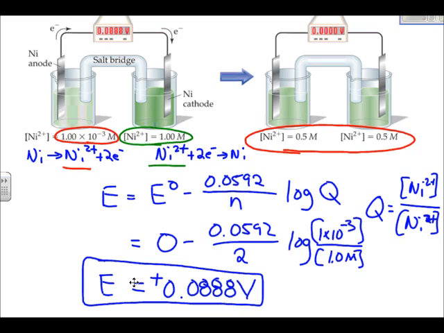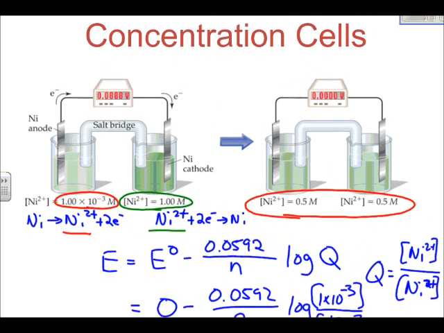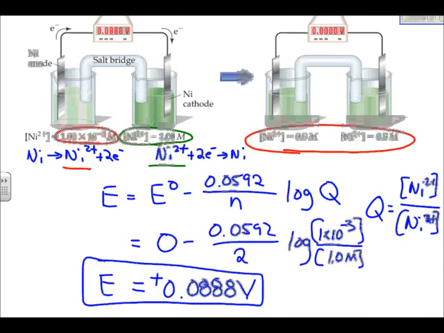But up until that point, you would have a varying amount of potential, starting at 0.0888 volts and working down to 0. So this is a nice example of a concentration cell where you create potential simply because you change the concentration of the ions.